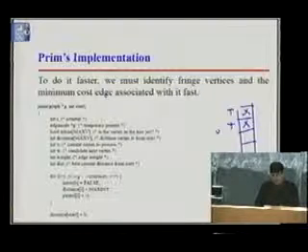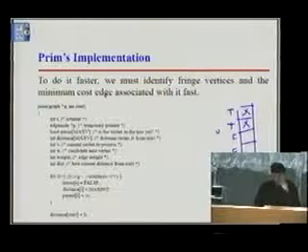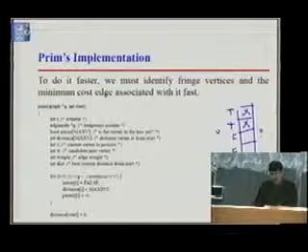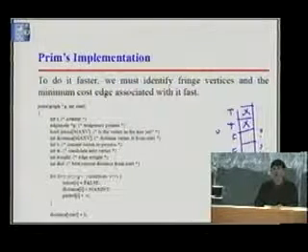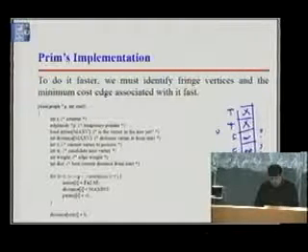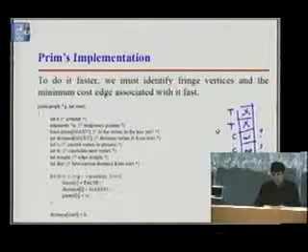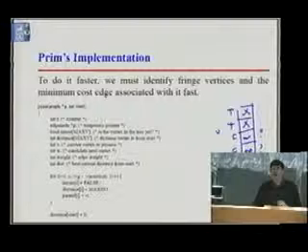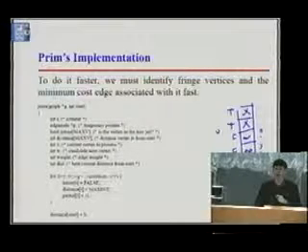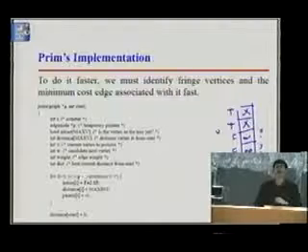If I am not in the tree, some vertices will be unseen, and there's no way to get me into the tree, so the cost of getting me into the tree would be infinite. But for some vertices that are in the fringe, that are not yet in the tree, there may be many edges that will get me into the tree. All I want to know is what is the cheapest way of getting me into the tree.